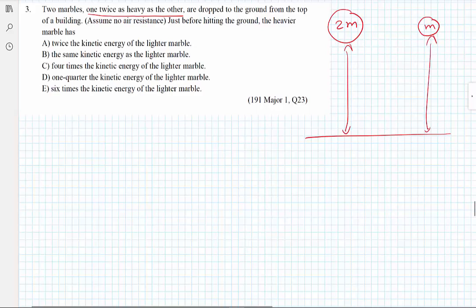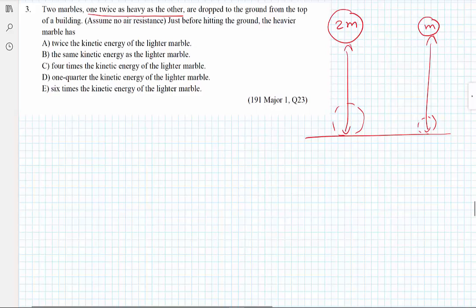We need to compare the kinetic energies at the end. If we think of energies, what is the energy of each one at the beginning? The energy of each one is only potential, and both have the same height. So the first one has double or twice the potential energy of the other.